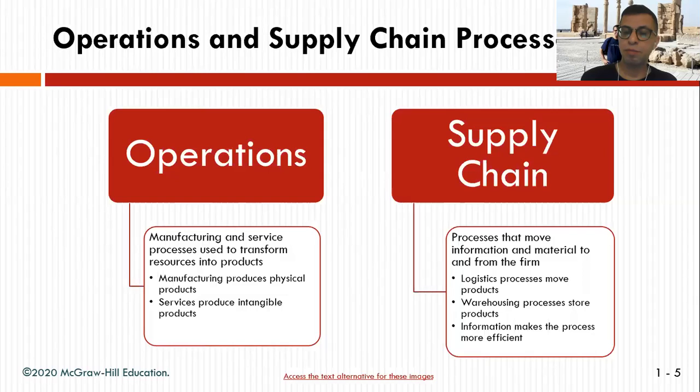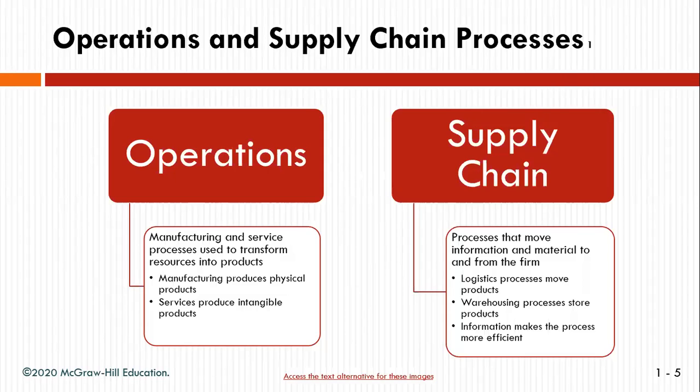The supply chain part is the process that moves information and material to and from the firm. A logistical process moves the products, the warehousing process stores products, and information makes the process more efficient.